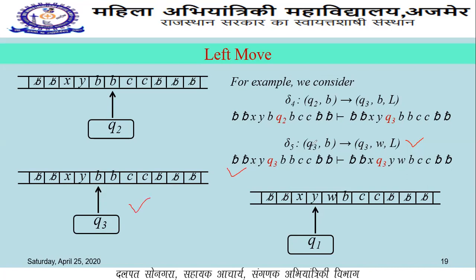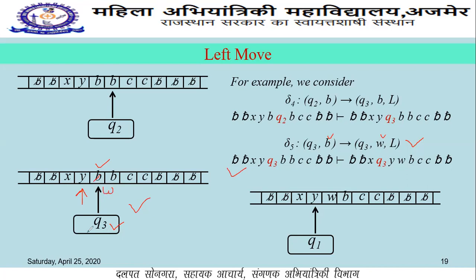Suppose we are at state q3 and we're reading b like this. We are in state q3 and we're reading this b, and we have to remain in state q3 and overwrite this b by w and move left. So we move left hand side, and this time we're reading y, and this b is overwritten by w.